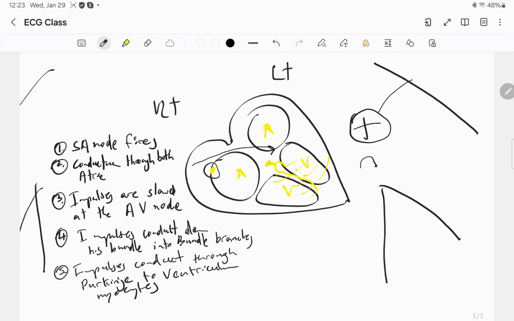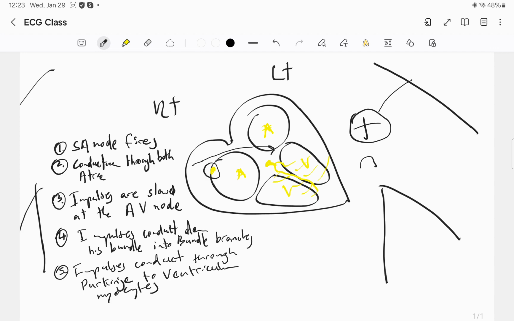We don't see depolarization of the His or the bundle branches individually as an impulse, but you can see evidence of depolarization of the septum or of the ventricles as an impulse, right? So that's an important point.